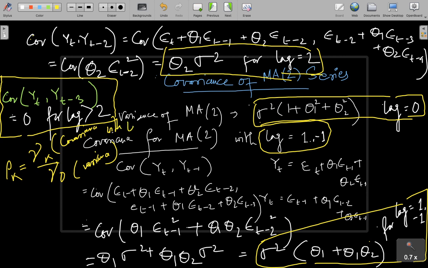So you take all the covariance terms for different lags and divide them by gamma 0, and you get the correlation. That's basically how you get the variance and covariance for the MA2 series.